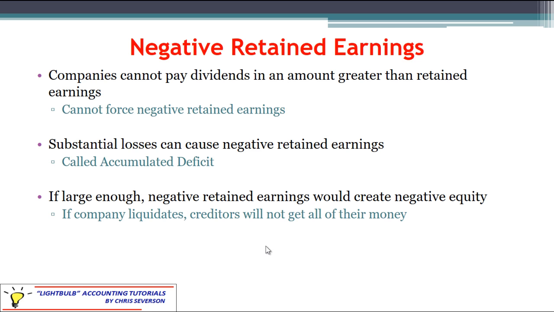Now, I said in an earlier module that that's a bad situation because it generally means the company is on the verge of going out of business unless they can turn things around really quickly. If the company liquidates when equity is negative, this means generally that the creditors will not get all of their money because there's not enough assets to cover the debt. That's why you have negative equity.